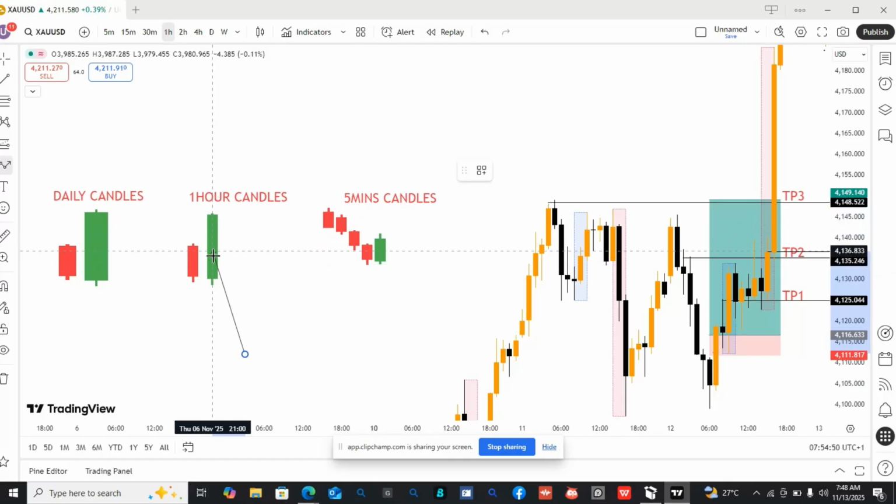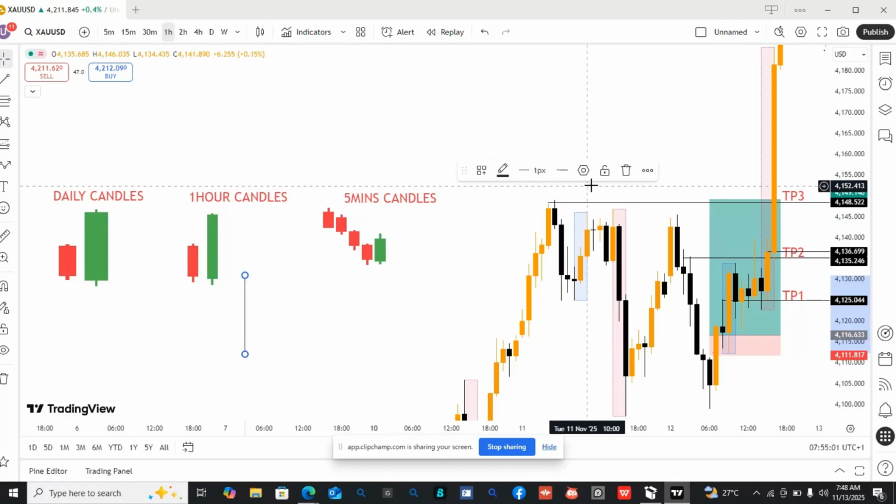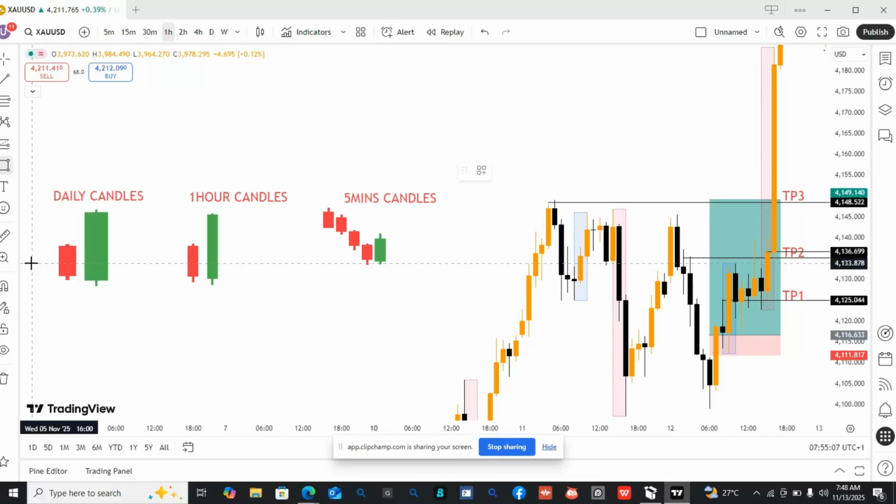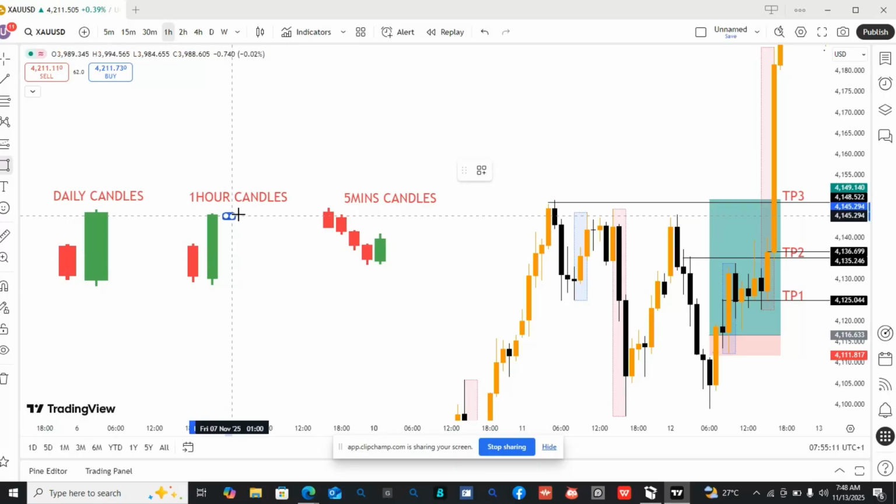When I see this bullish engulfing candle on a 1 hour time frame, it is telling me that buyers have taken control. So the tendency also has it that the next candle will close bullish. It might trade below like this.